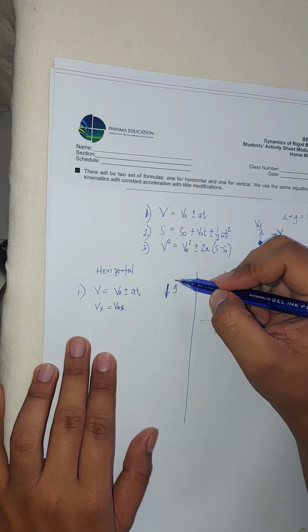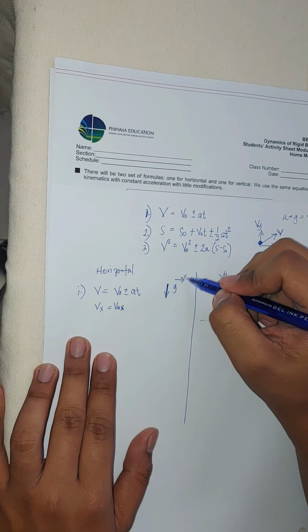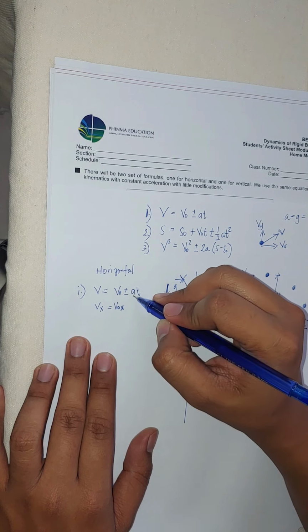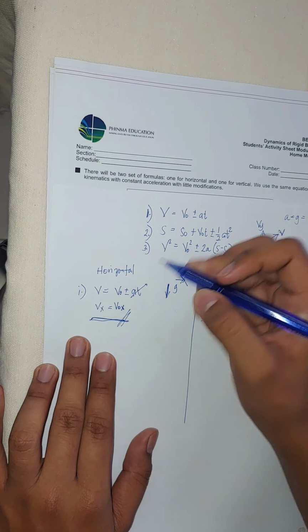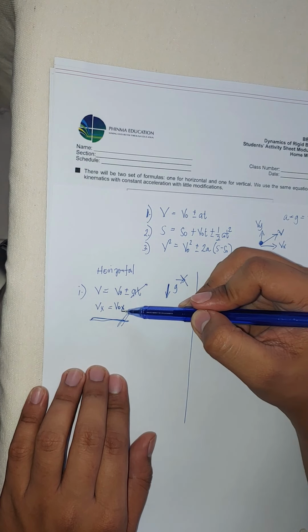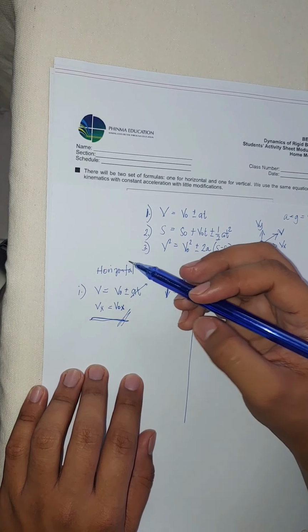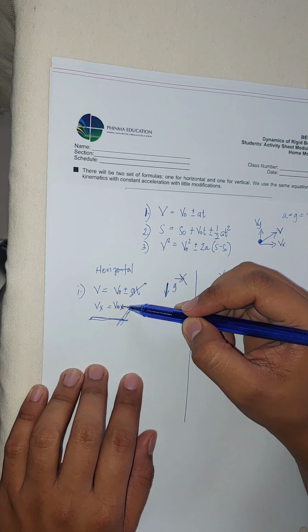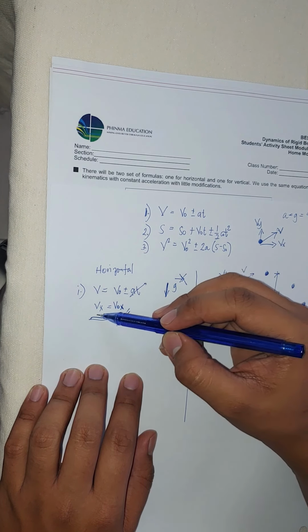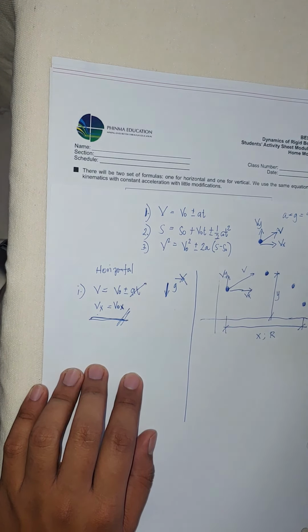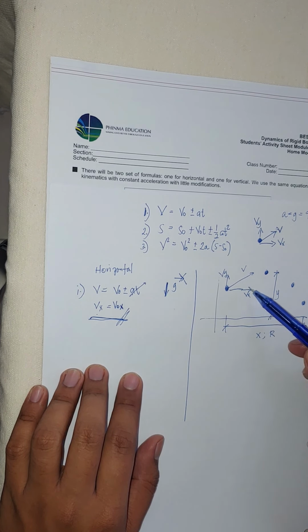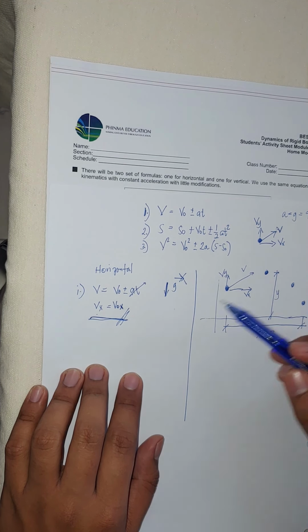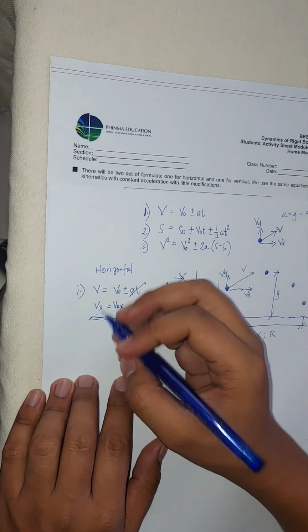There is no horizontal component of the gravitational acceleration, therefore this is 0. So the final velocity is just equal to the initial velocity along the horizontal component. So the velocity of the projectile along its horizontal component, from the starting position to any position, is just the same.